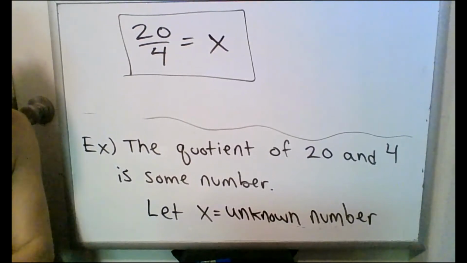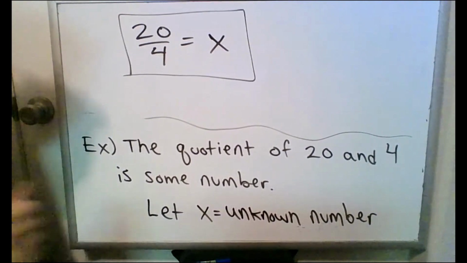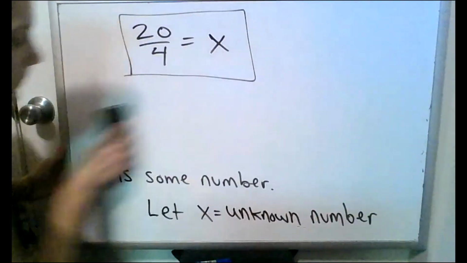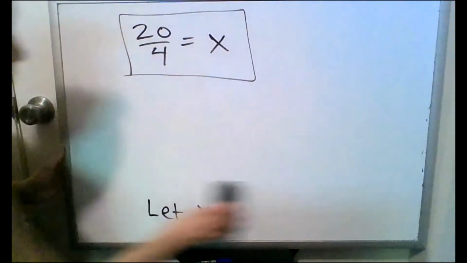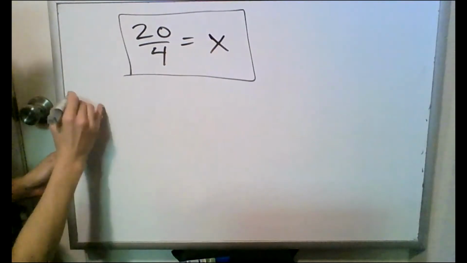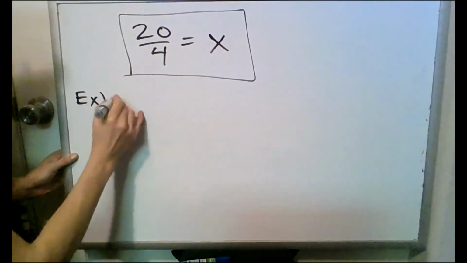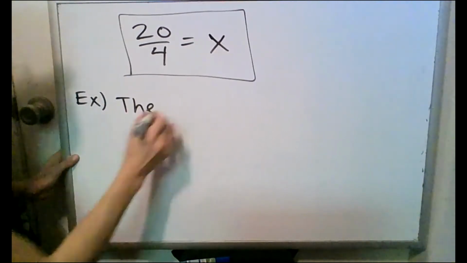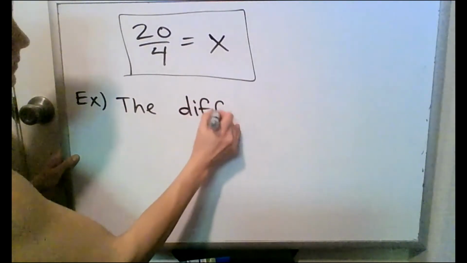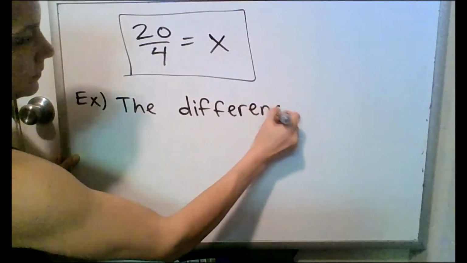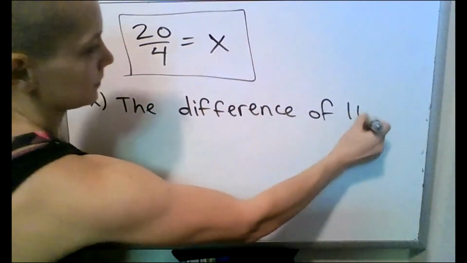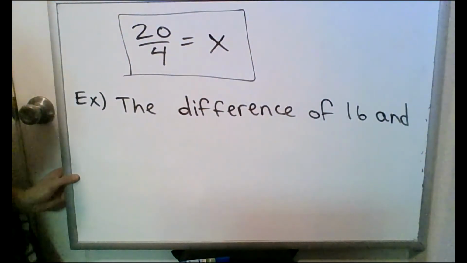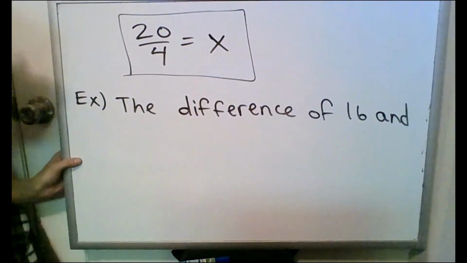Let's do this one. The difference of 16 and 2 times a number is 5.